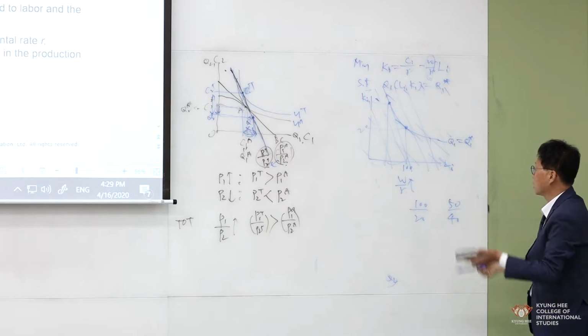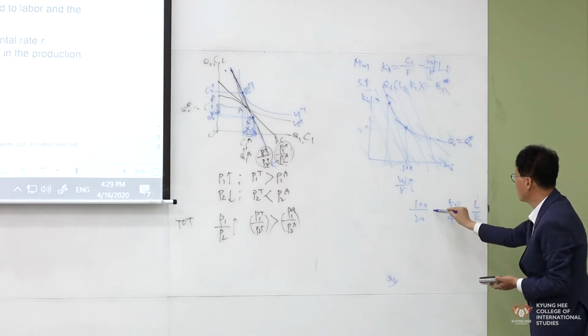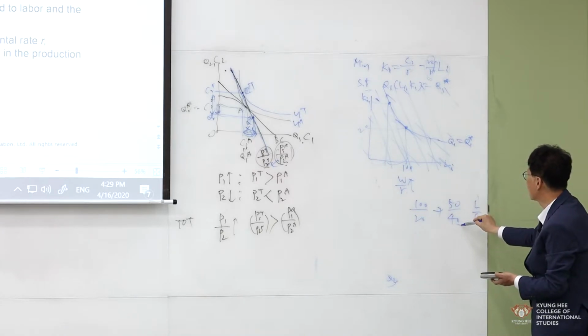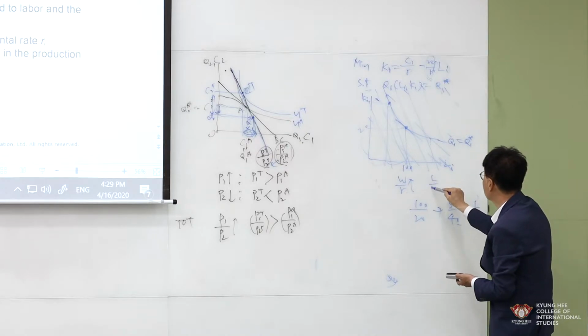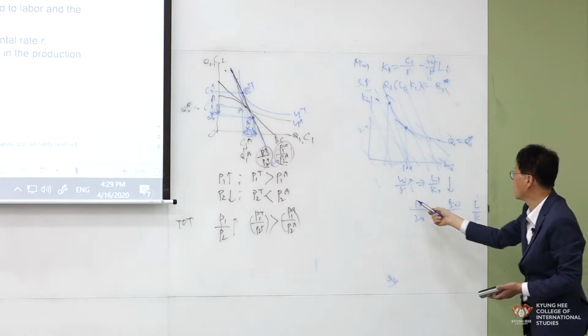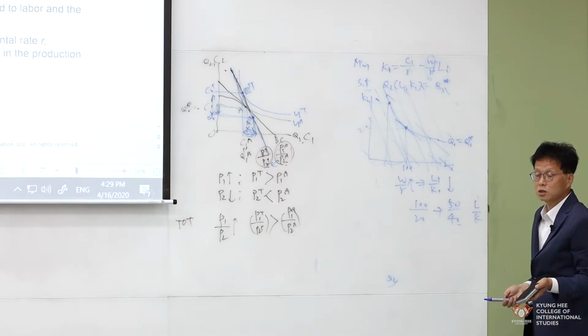W over R increases, so L over K changes. Right? Then what happened? The relative wage rate moved, that kind of thing happened. In other words, the labor capital ratio in sector 1 over 2 decreases. We know this kind of relation. The relative wage rate increases, the wage is more expensive than before.